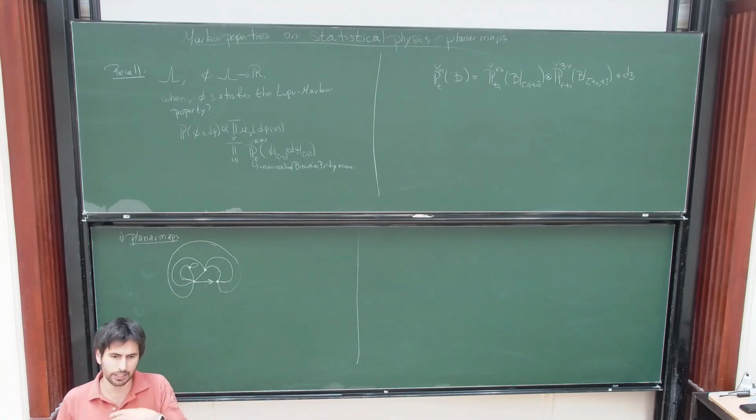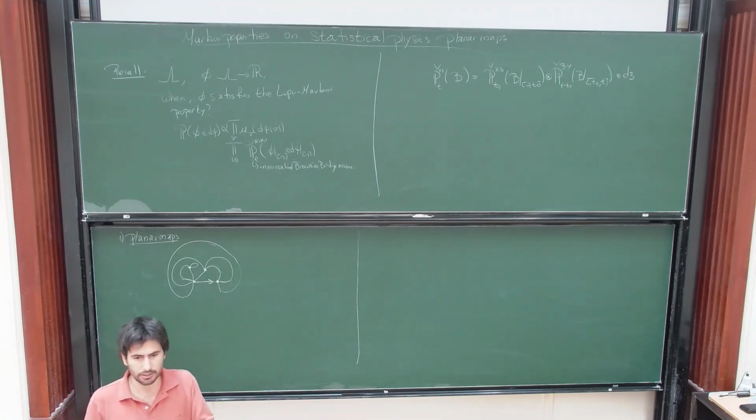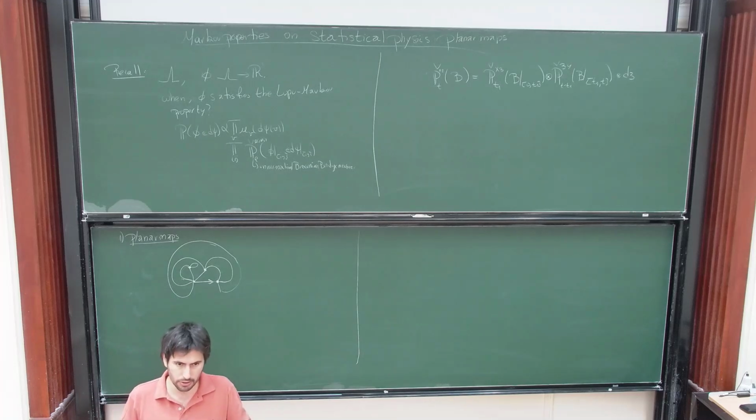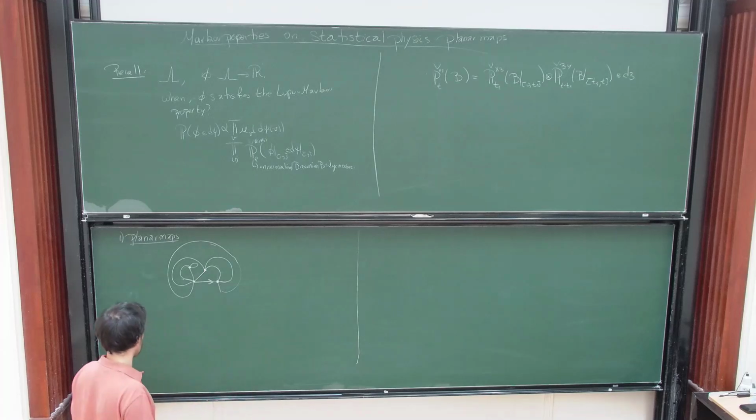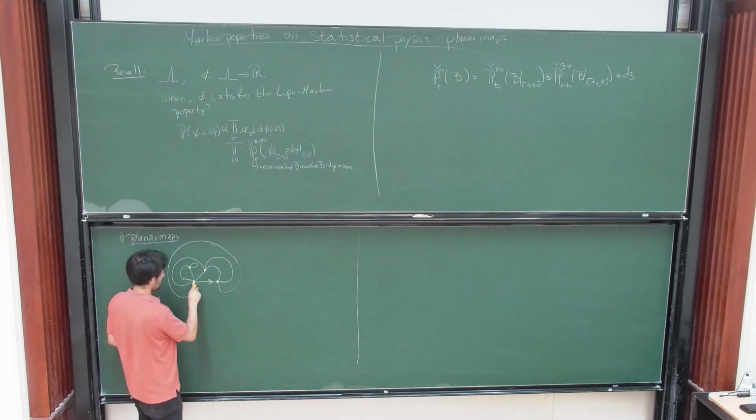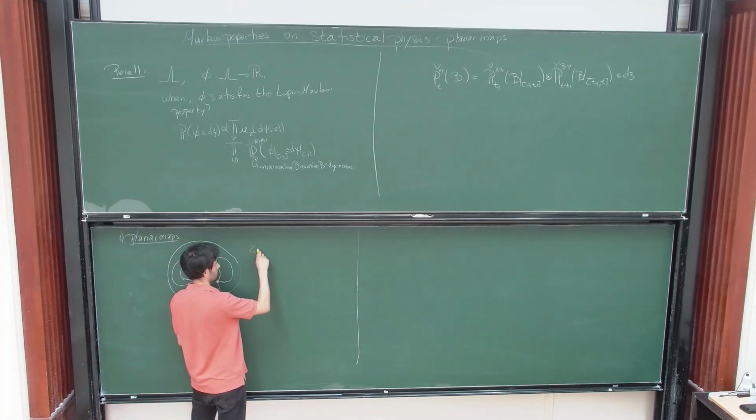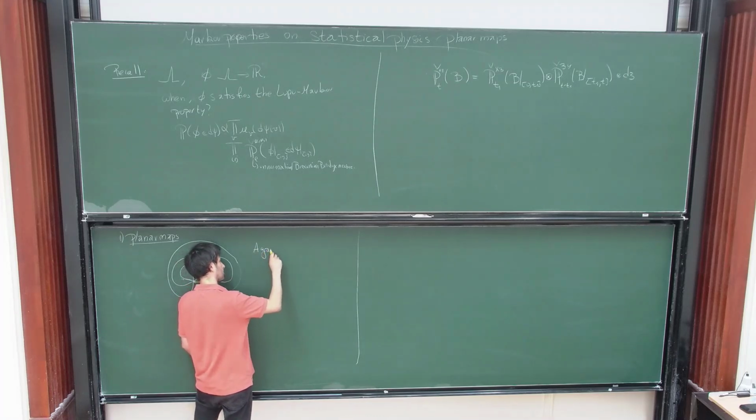So we will start with the undecorated case. We will imagine that our function is constant or there is no function. So we will start with a planar map. A planar map is a two-dimensional, it is a graph embedded in the sphere.